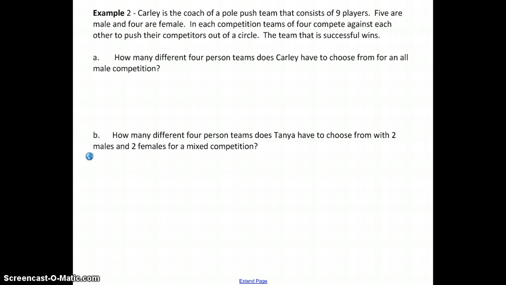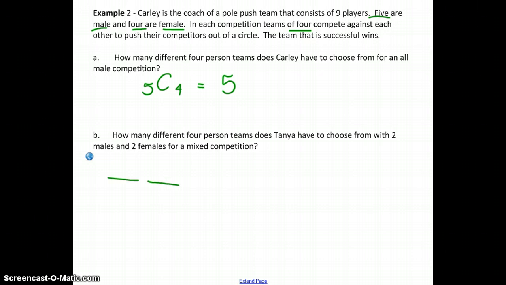Example 2. Carly is the coach of a pole push team that consists of 9 players. So she has 5 males to choose from and 4 females. If she wants a team of all males, she's got 5 males and she needs 4 of them. So 5C4 is 5 possible teams. Now how many different 4-person teams could she choose from with 2 males and 2 females?